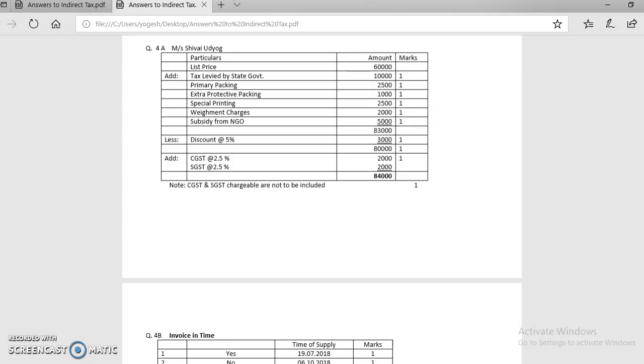Then any subsidy received from the private institution, NGOs, etc. So all these values are to be added to the list price, and if any discount is given, the value of discount is to be deducted from this total value. And if you are asked to charge a GST, then whatever amount you get, you have to calculate the GST on that amount.